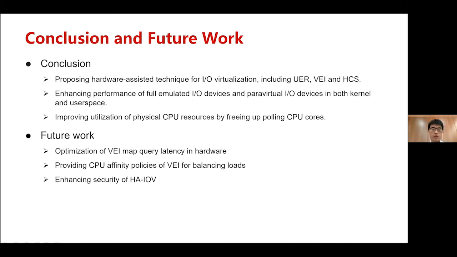Also, since a VI is attached to a physical CPU core, CPU affinity policies for VI should be provided for load balancing. The alteration of privilege registers such as UEPC and UStatus may cause some security issues. Much more work on enhancing the security of HA-IOV should be taken into consideration.